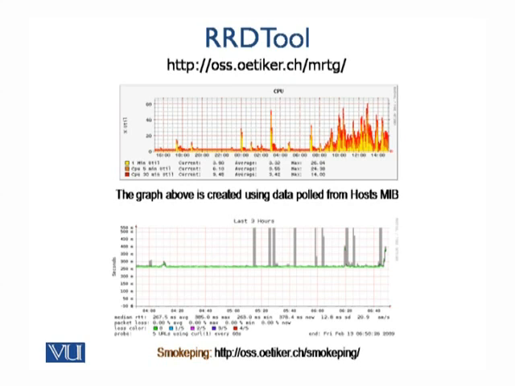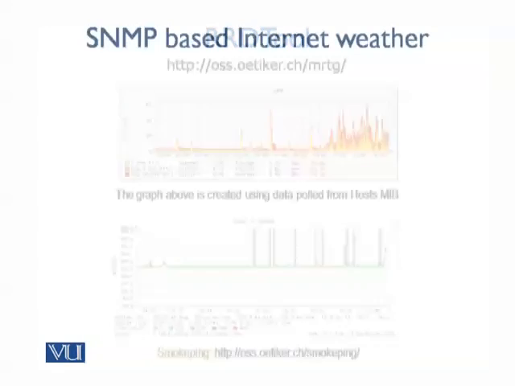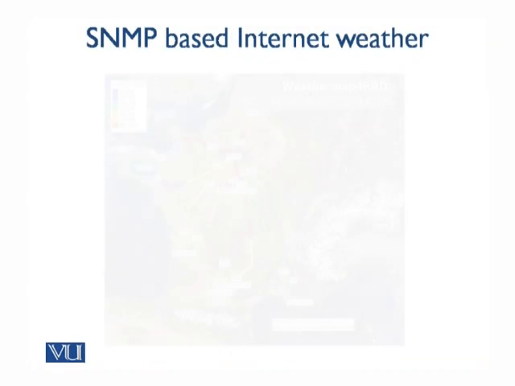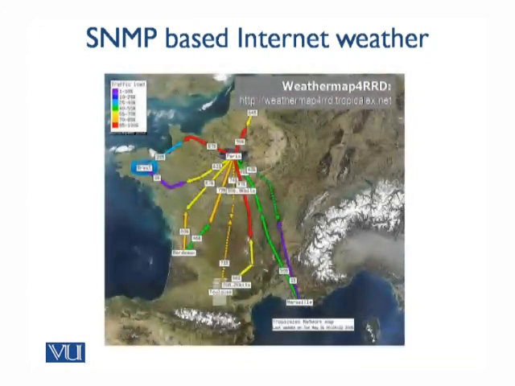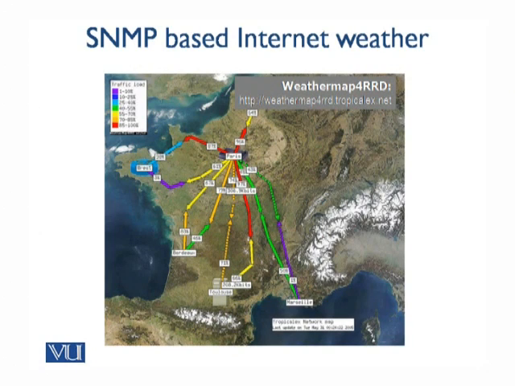There are various other software that are also based on RRD. For example, you can draw an internet weather map using RRDtool, in which you can input a map and you can specify where your links are and where your devices are, and then you can have a pretty graph showing the condition of the link and how much traffic is moving on it.